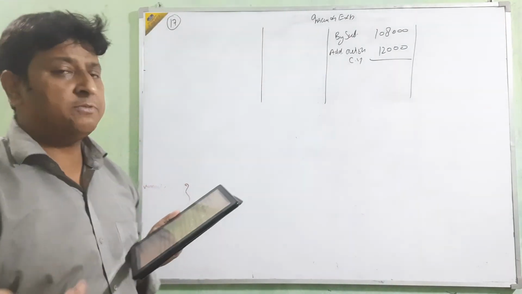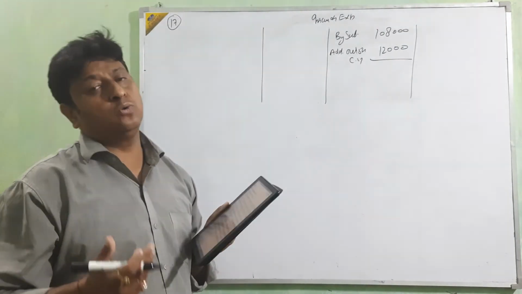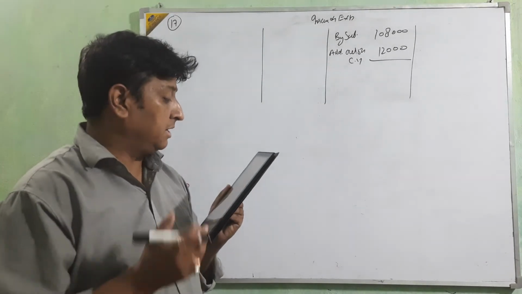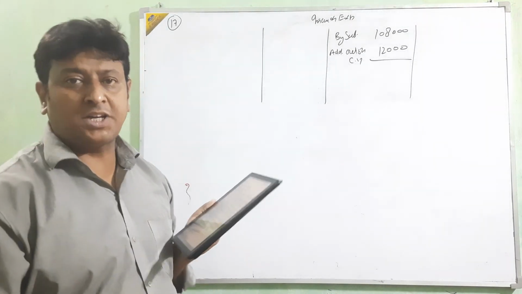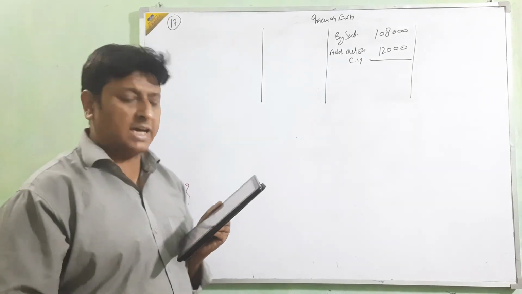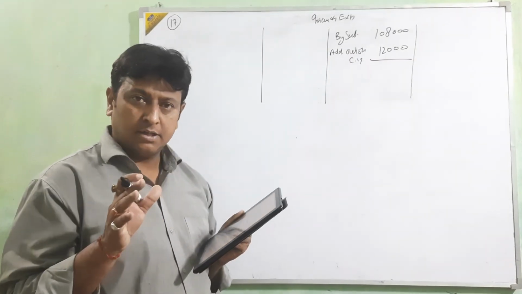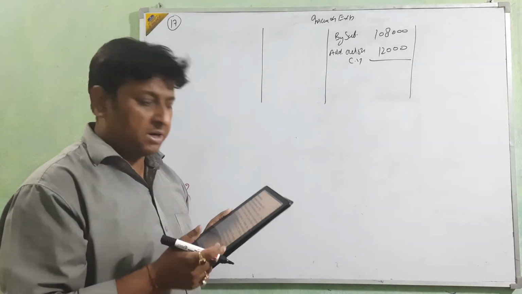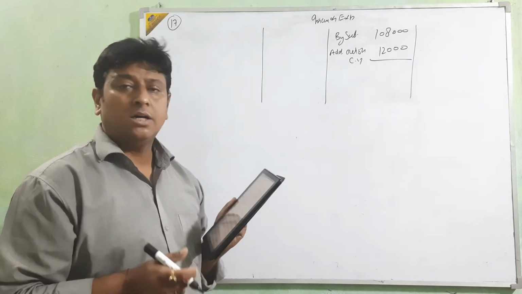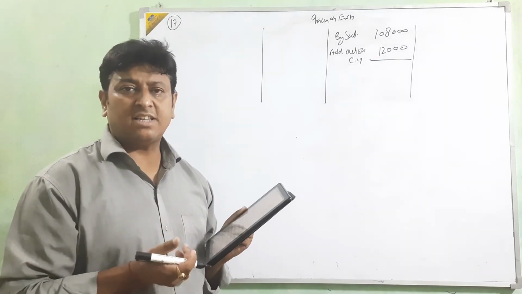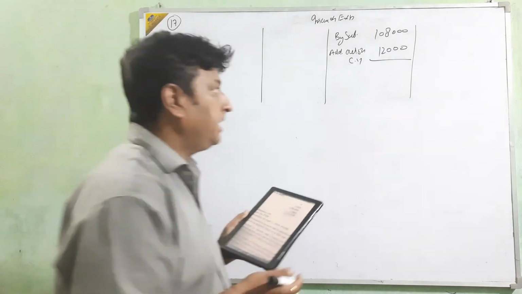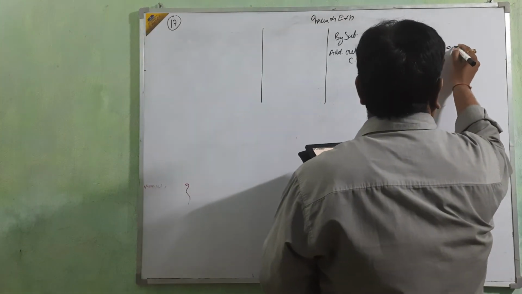You have 240 members and 500 per member, the total amount is 1,20,000, but we have only received 1,08,000. It means 12,000 is what? Outstanding. Okay, beta.